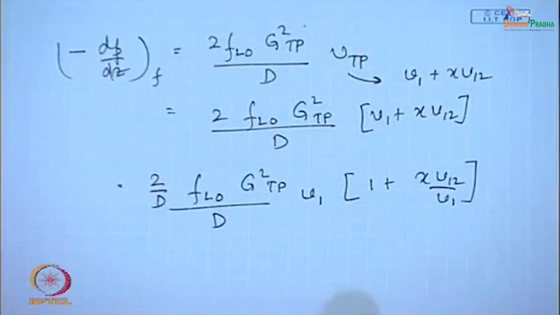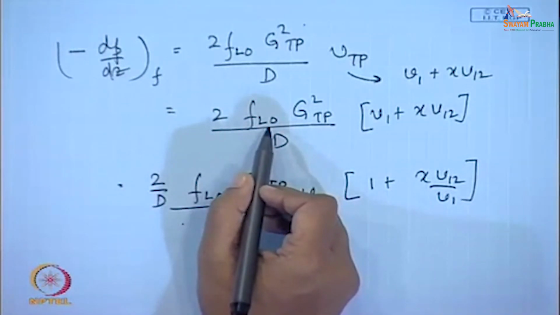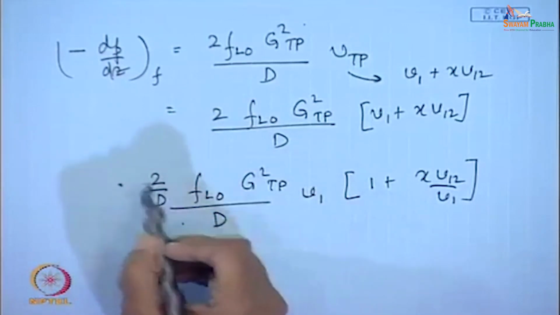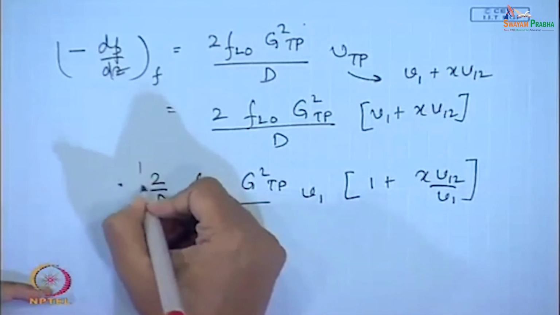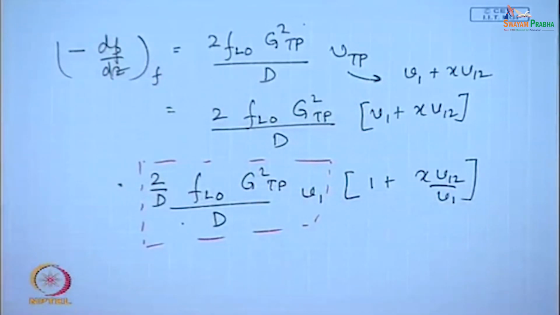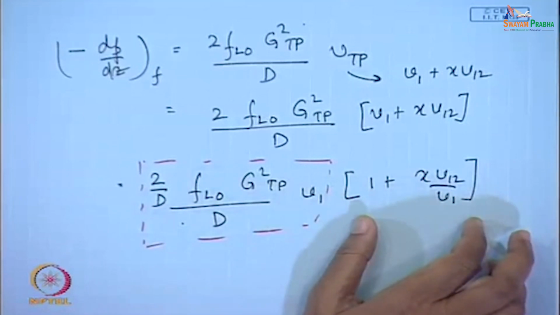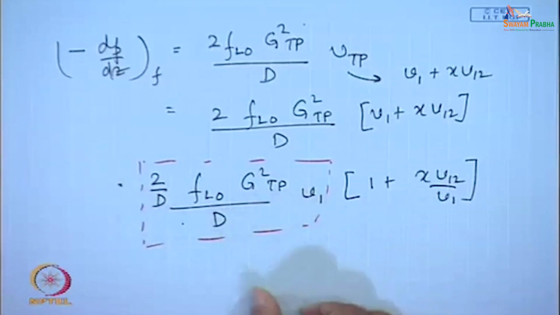Now, why have I written the third step from the second step, can you tell me? The moment I have expressed it in this particular form, what do we find? What is this particular expression, any idea? What does this signify? It is a product of two terms basically now. If you can tell me what is the first term here in this particular case.